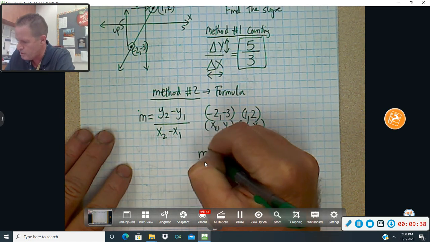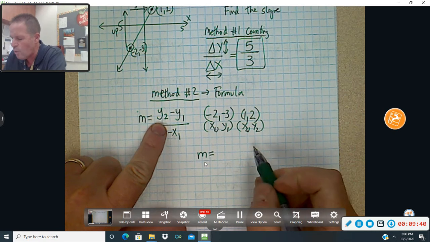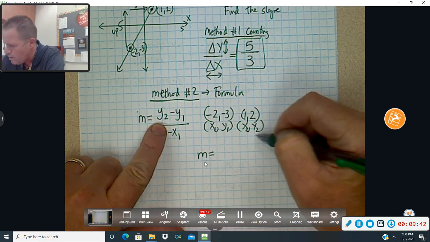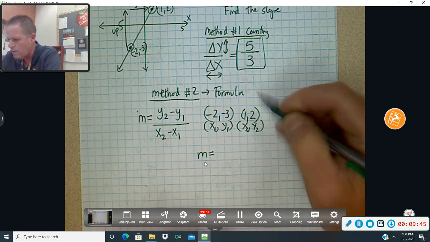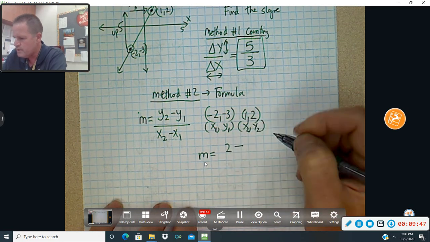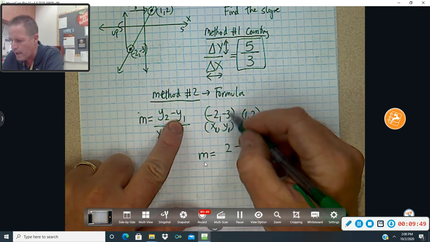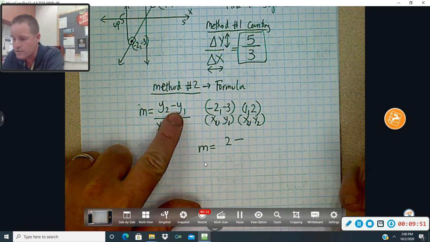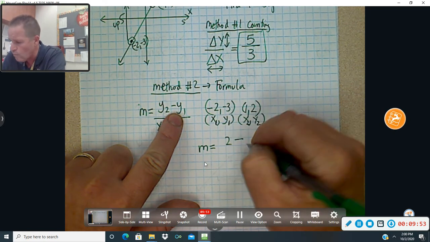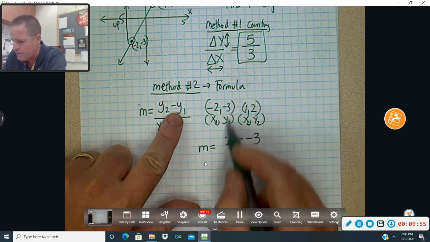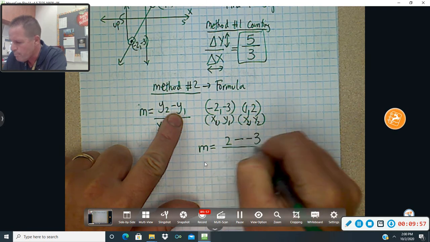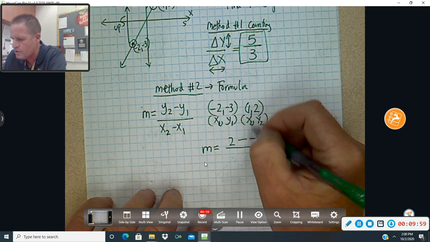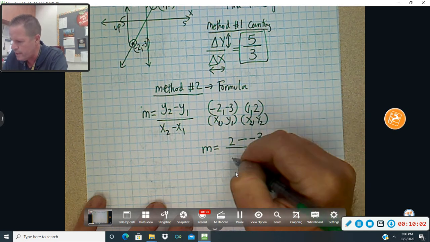So watch what I'm saying. I'm going to say my slope equals, again, it says y2. Now, what was y2? Well, y2 is right here. y2 is 2. Subtract y1. Now, be careful when you subtract. Subtraction is always harder. Subtract y1, well, y1 is -3. Put it over x2, well, x2 is 1.